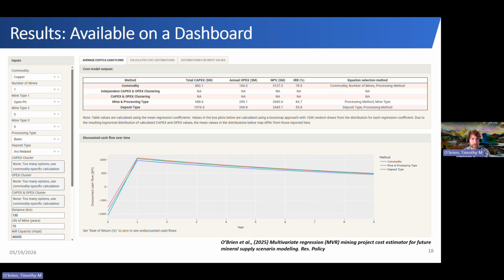By filling in some of the inputs and varying them on the left, it will automatically adjust the costs that we see here, as well as the net present value of that project, and it'll give you an updated discounted cash flow. Again, that's included within the supplementary information.